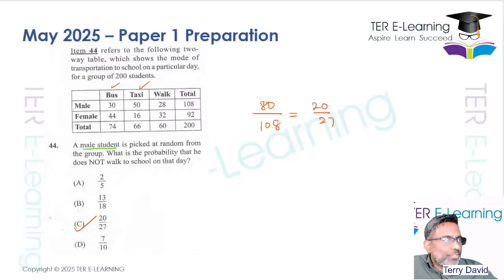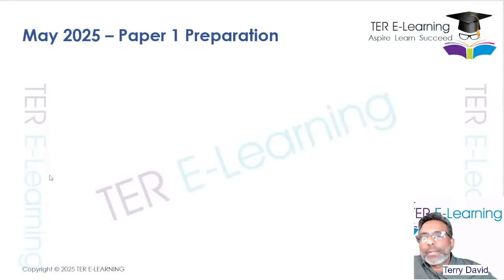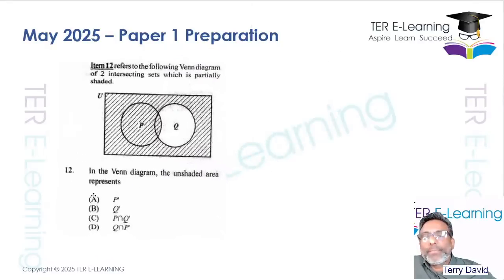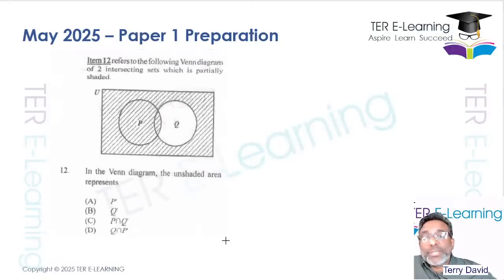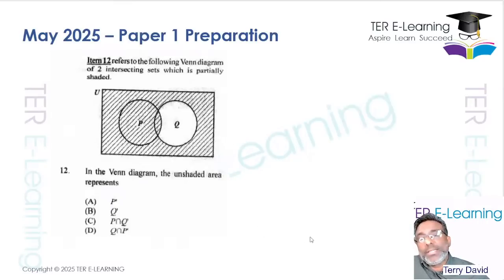I have a next question for you here because you have variations to some of these questions. Have a look at this question. It looks similar to one we just did, but it's a little different. The unshaded area is represented by what? The first one is P prime, the second one is Q prime, the next one is P intersect Q prime, and then Q intersect P prime.